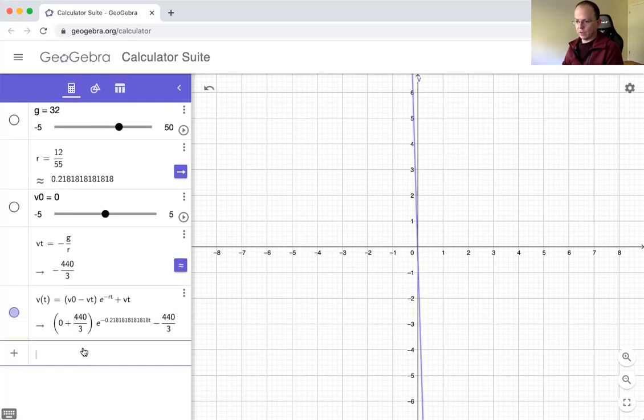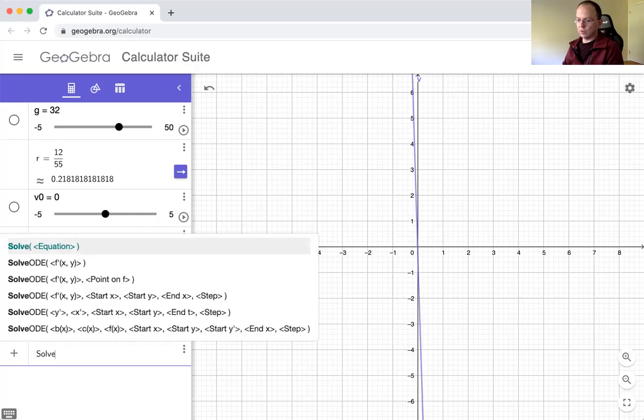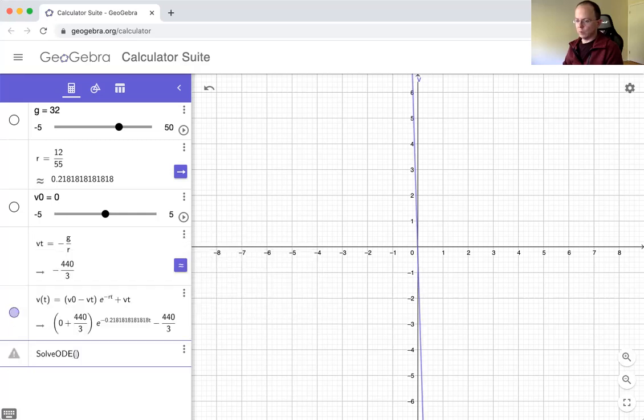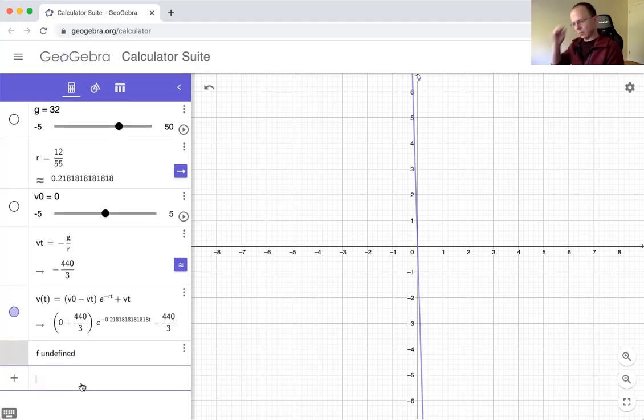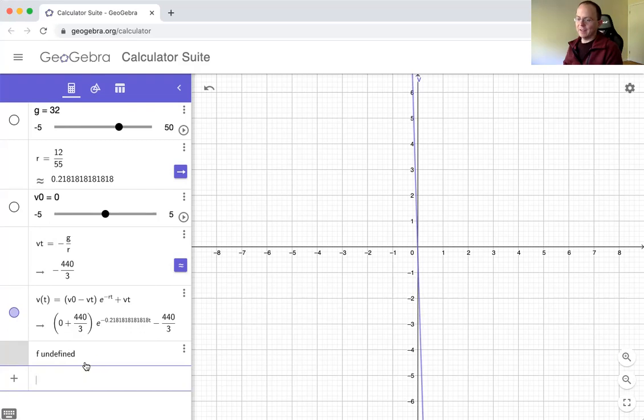And now we can do the solve ODE, where we're going to integrate. So dy dt is equal to V of t. And we want to start with, at time 0, we have a height of 1200. Okay, so that's not going to work. All right.